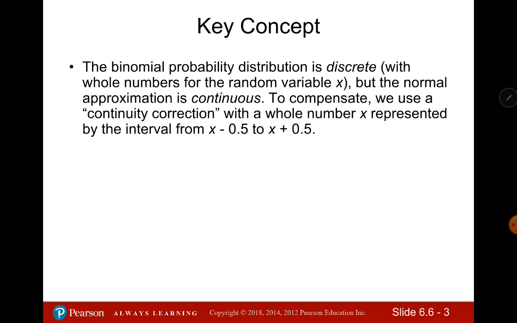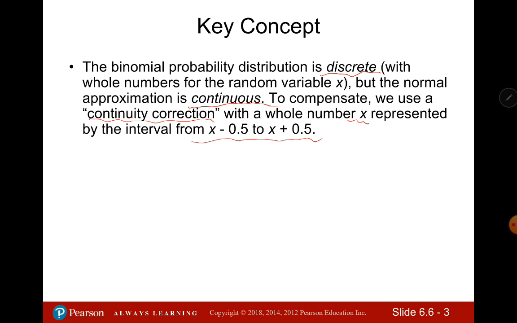But because we're going to use the continuous normal distribution to estimate the discrete binomial distribution, we need to do some correction. We call it continuity correction. We need to convert a single x value to an interval by going from minus half to plus half.